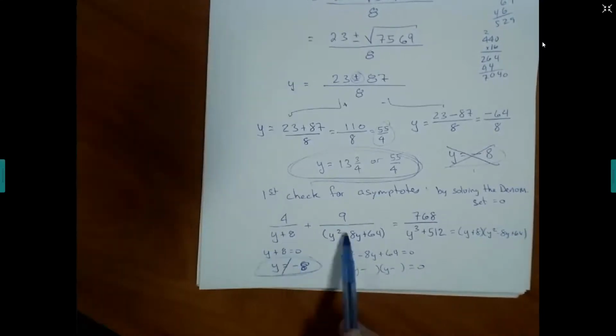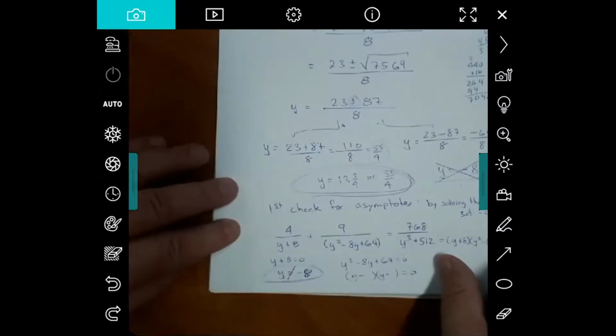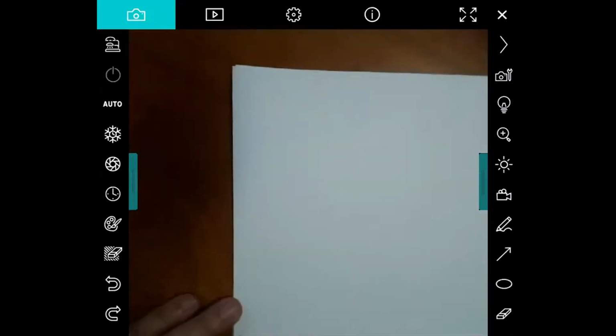So once we solve both of those, that one's already solved. All that work for one answer. Oh yeah, it is. It's a very, very long, arduous journey. Okay, those are rationals. Now let's look at radicals.